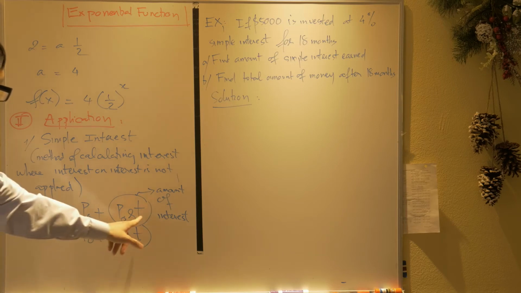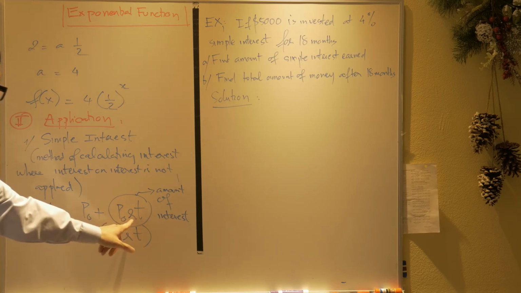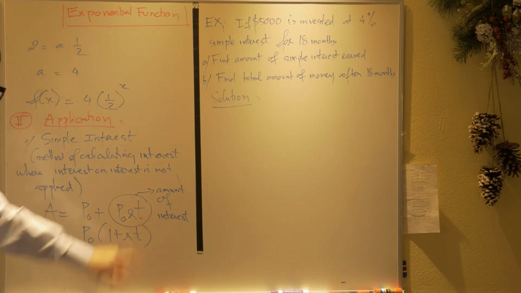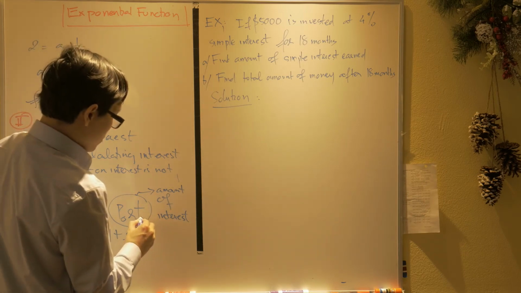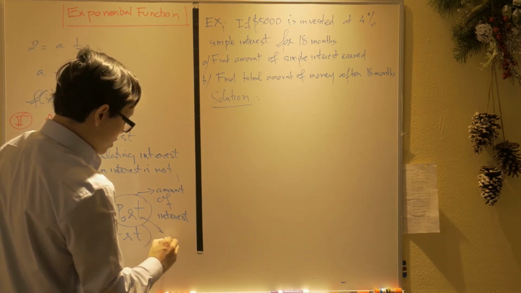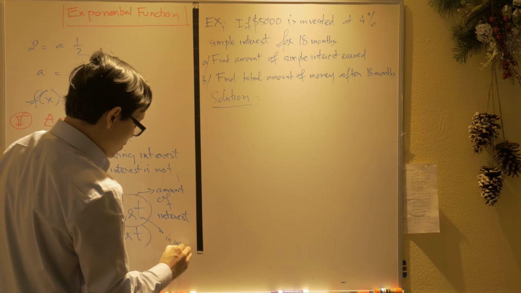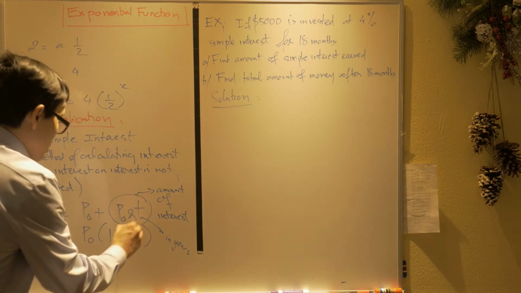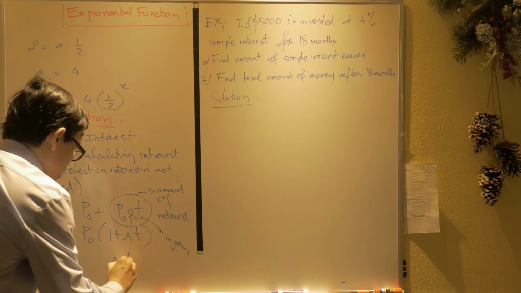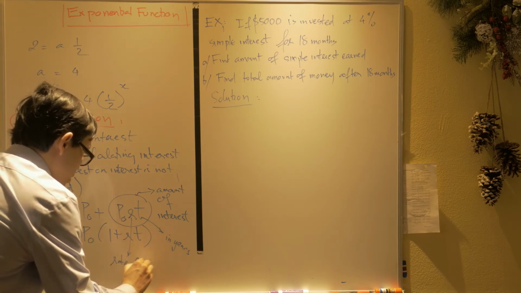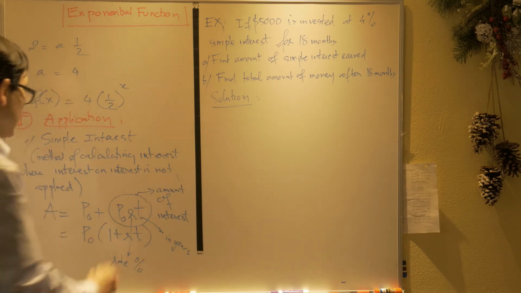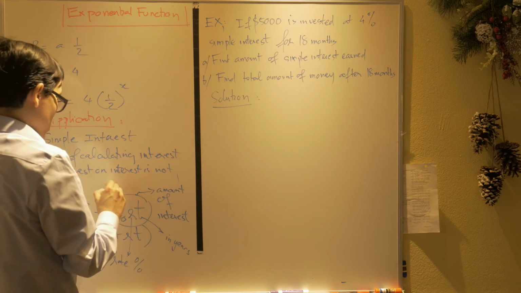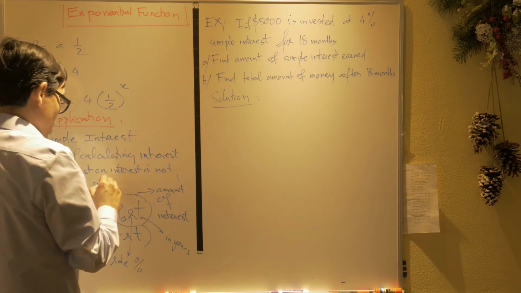T is the time, which must be in years, and R is the rate, as a percent.